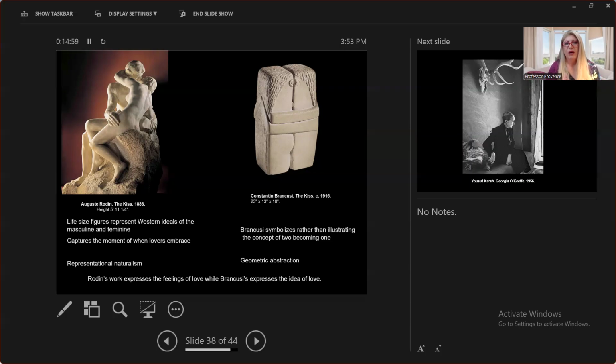But one is representational realism and the other is representational abstract. We know that they're both heterosexual couples. Well, we have the signals that tell us that, right? Including, even though this is abstracted, this is more curvy and has longer hair. So we just assume that it's a heterosexual couple, right?